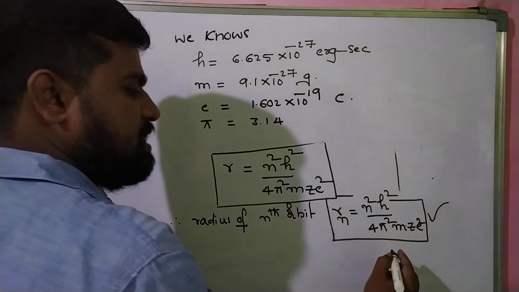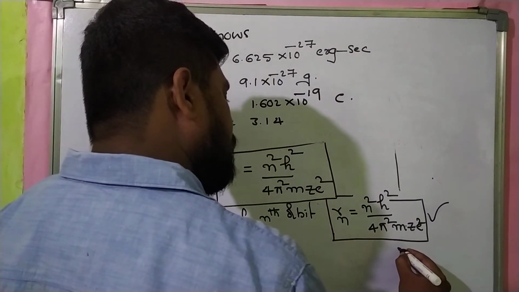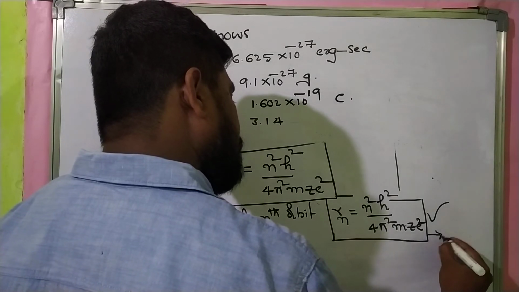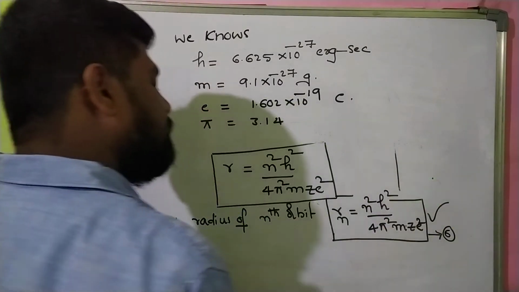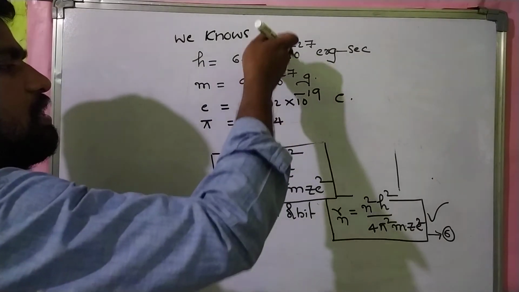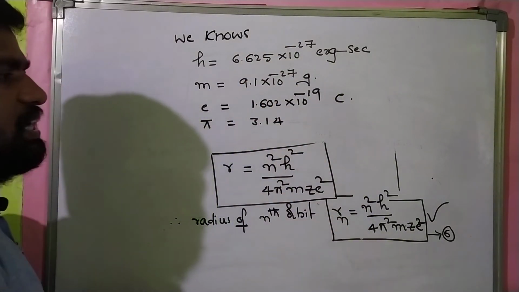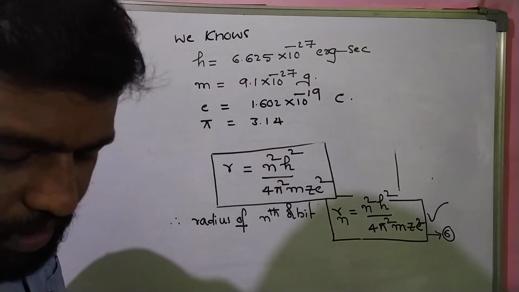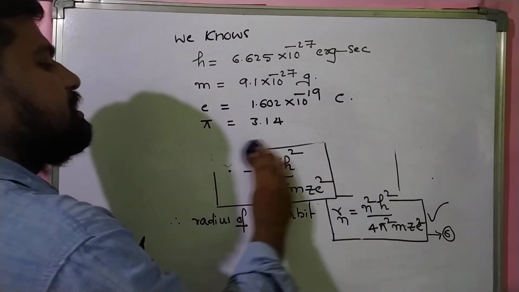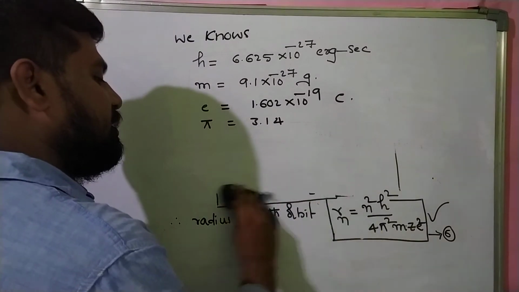Okay, so this is equation number 6, very important. Now if all these values are put in the sixth equation, we will get another modified, simplest form of Bohr's radius.